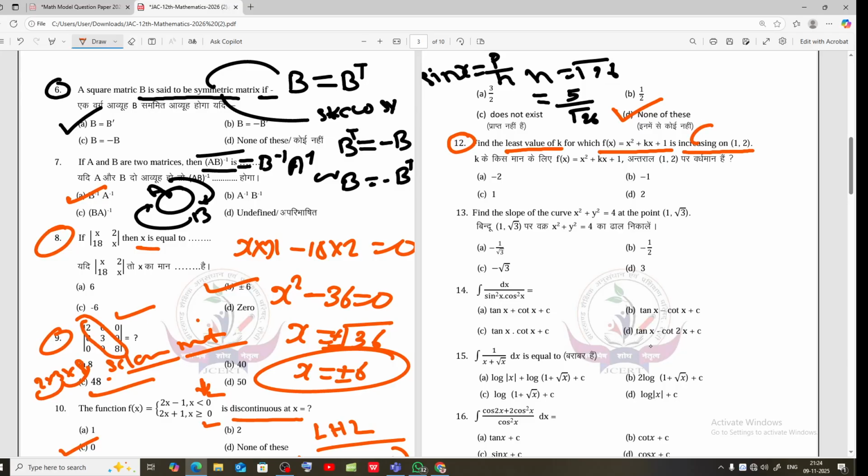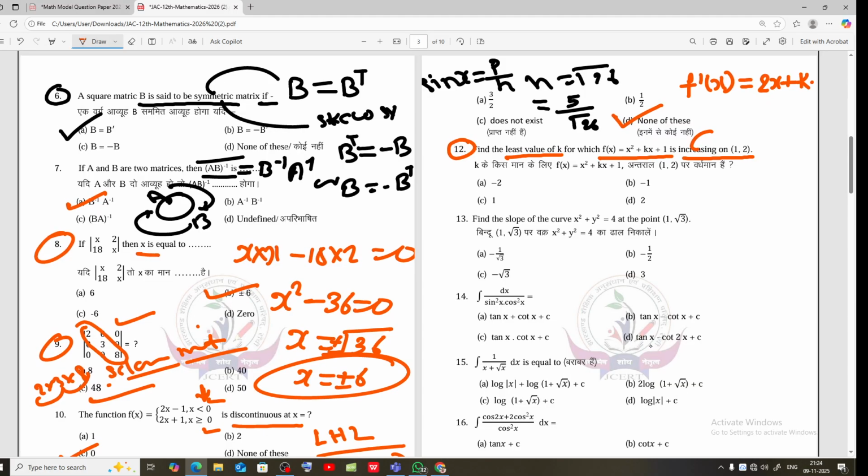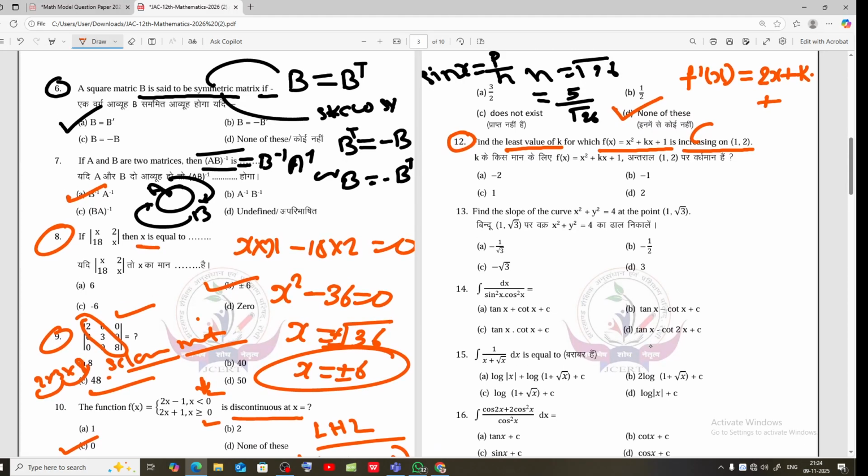First, to find increasing, we take the first derivative of the given function, that means f dash x equal to 2x plus k, since x square derivative is 2x, k is a constant and x derivative is 1, k into 1, and the constant's derivative is 0.